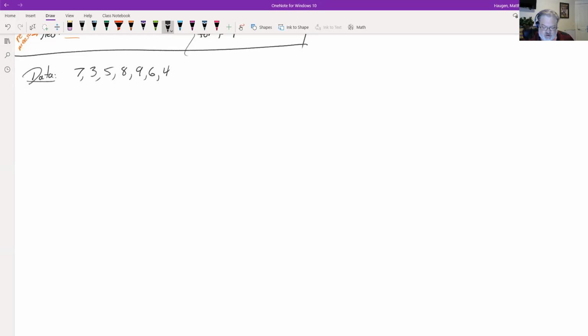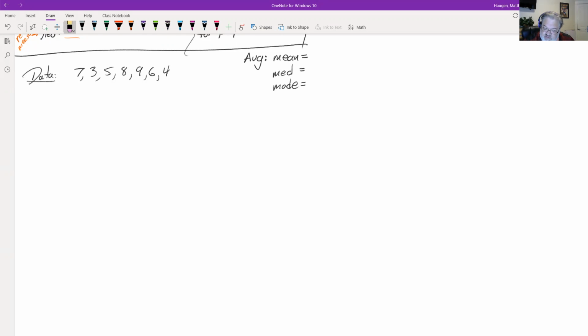So let's say we have that data and somebody says, find the average. Well, we know we can't just say find the average anymore, because you'll ask, well, what type? So let's see about finding the mean, the median, and the mode.